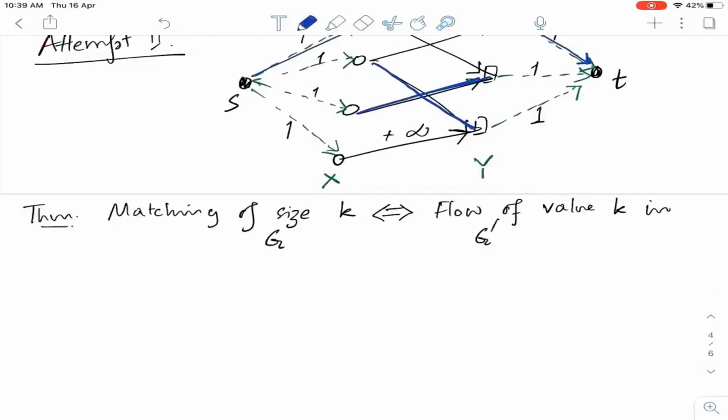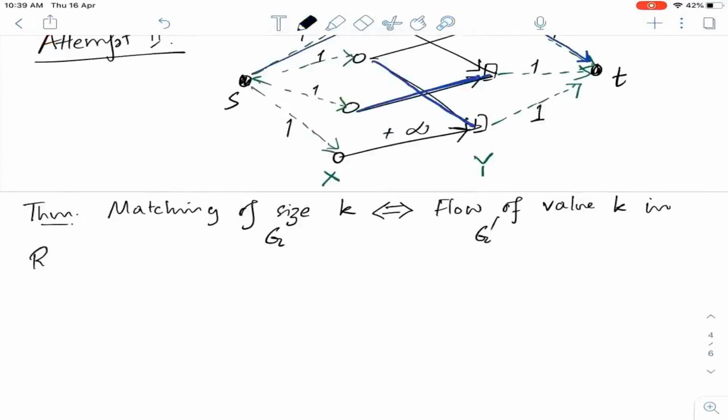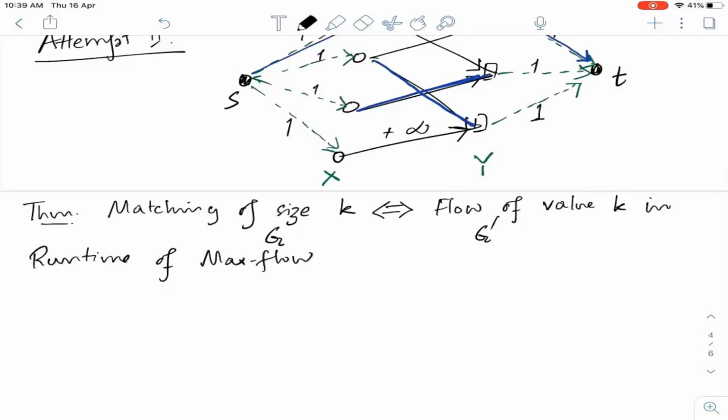So what is the runtime of this matching algorithm? The runtime of the max flow based algorithm. Okay, can anyone tell me what is going to be the runtime?